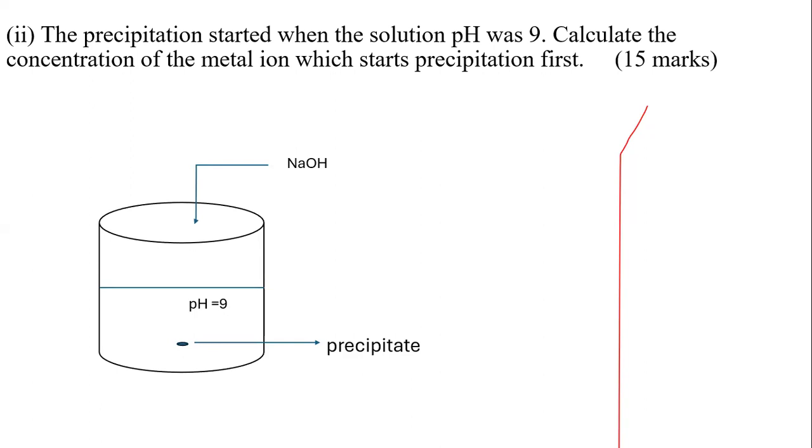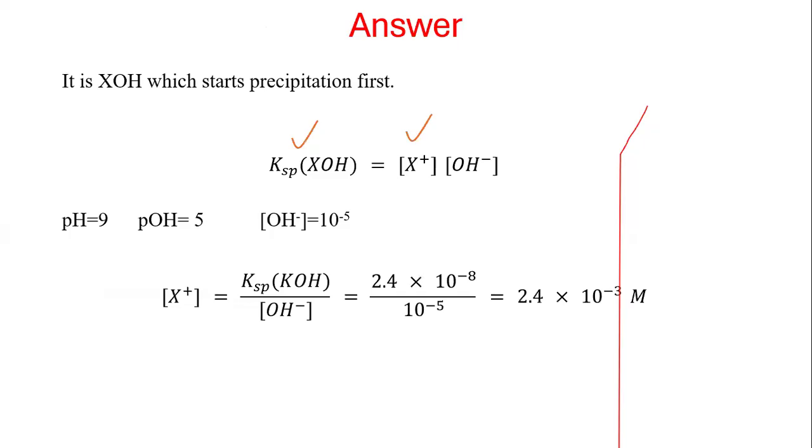Okay, it's very easy. For XOH, Ksp equals the X concentration times the OH minus concentration. The Ksp value you know. It's not the X value that you know; you have to find the X value.